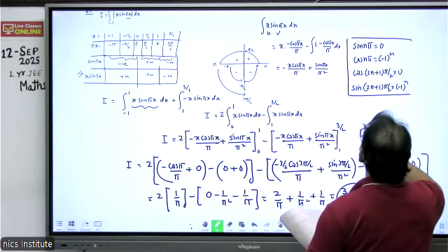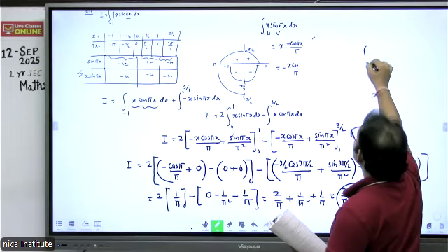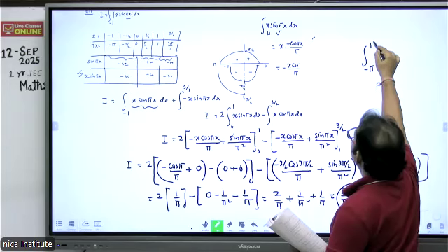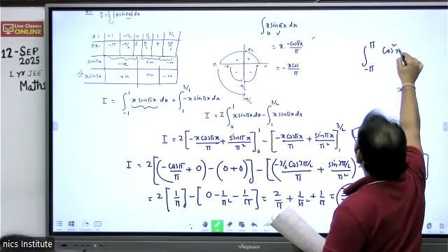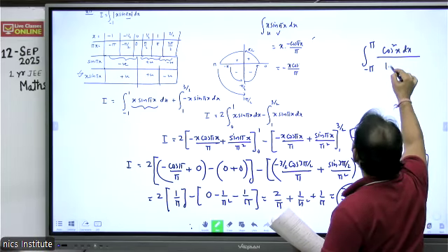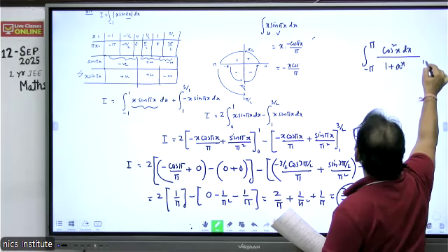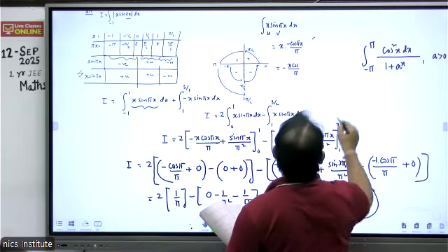Next question. Minus pi to pi, cos square x dx over 1 plus a to the power x, given a is more than 0. A is a positive number. I'll give options also.